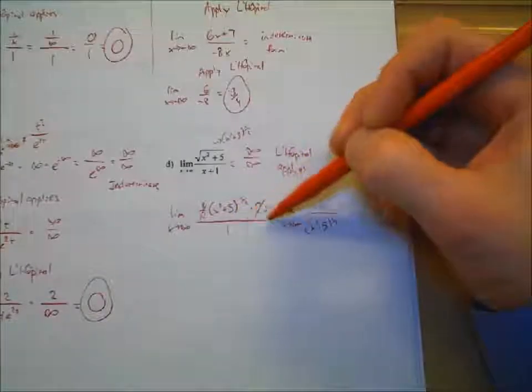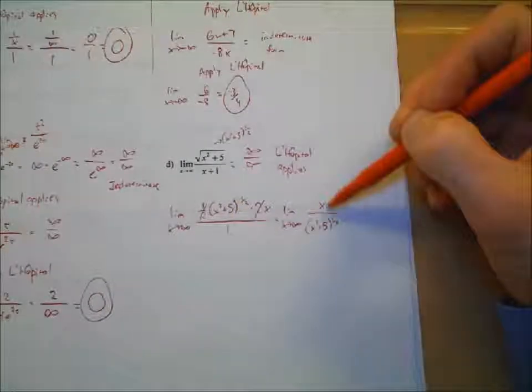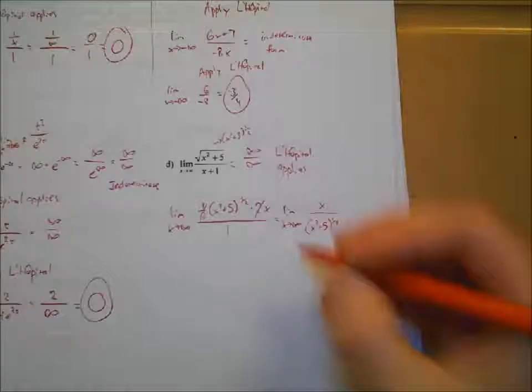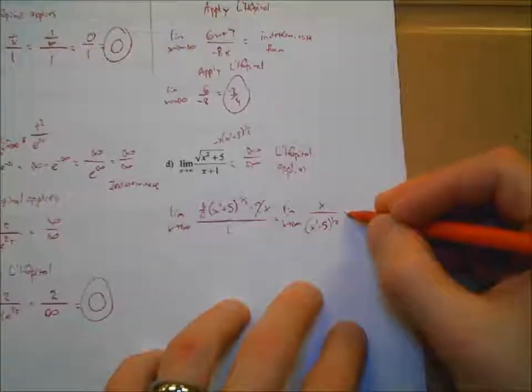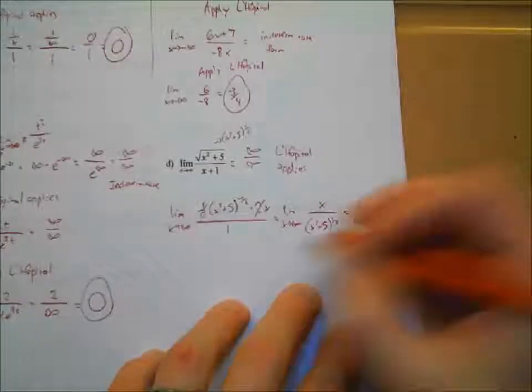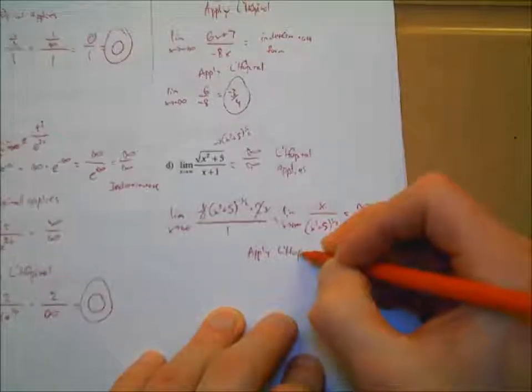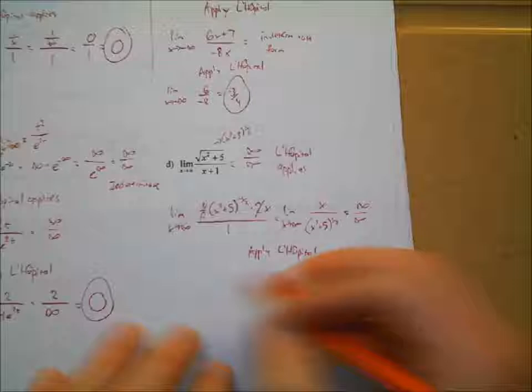Which we manipulate, right? So 1/2 times 2 simplify and cancel out. And so we're left with the limit as x approaches infinity of x over x squared plus 5 to the positive 1/2. Since it was to the negative 1/2, if I move that into the denominator, it'll be x over x squared plus 5 to 1/2, like that.